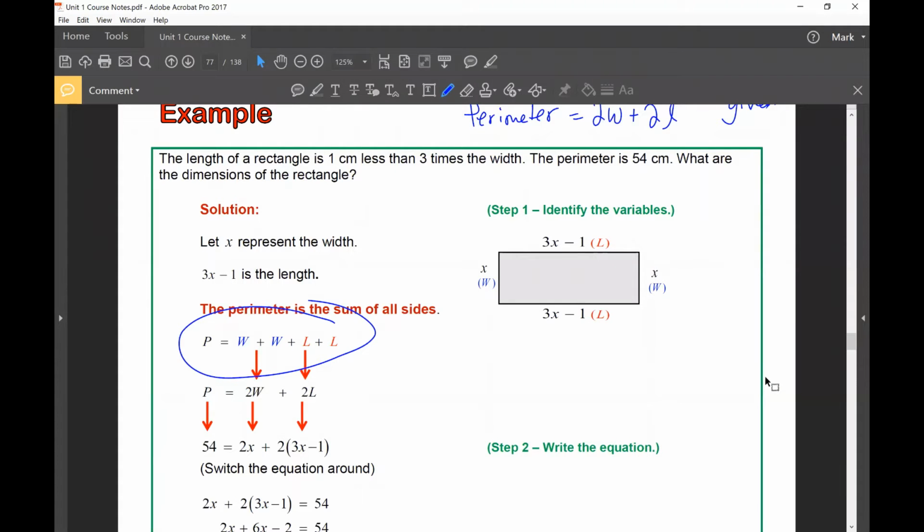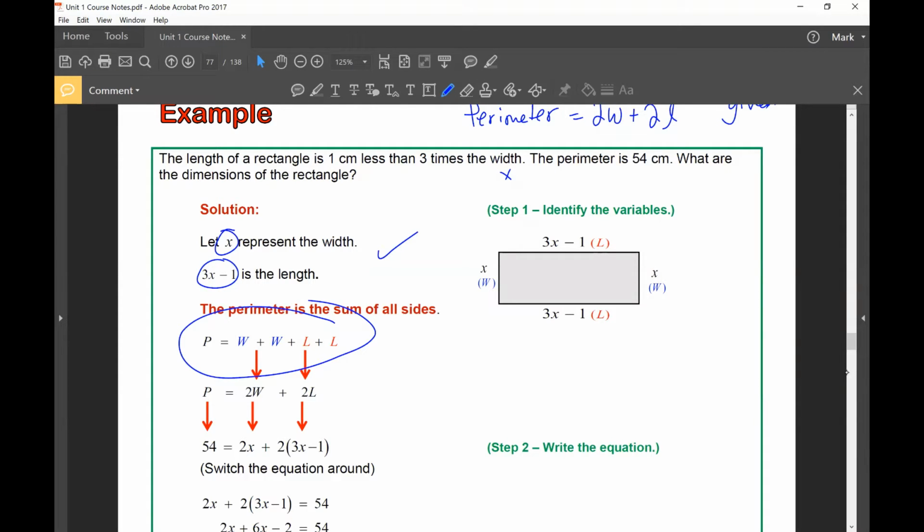So the length of a rectangle is 1 centimeter less than 3 times its width. The first thing I'm going to do is say, well, x is my width, and my length will be 3x minus 1. Okay, that's pretty easy. Now, the perimeter, if you can't remember what perimeter means, it's like the distance around an object.